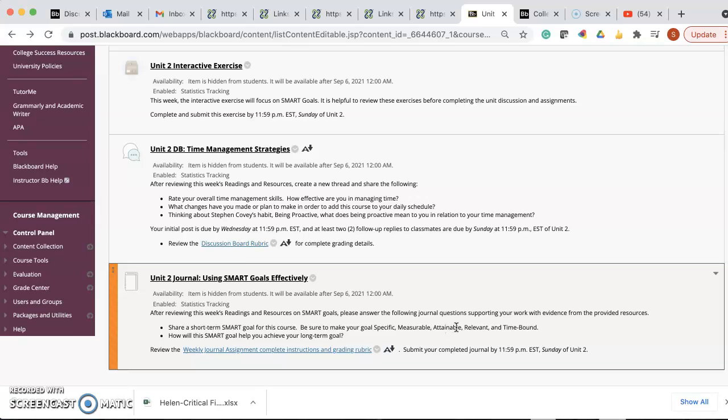So make sure it's attainable, make sure it's relevant to the class, and make sure it's time bound, meaning you give yourself a deadline for it. And then you're to answer the question, how will this SMART goal help you to achieve your long-term goal? I'm assuming for most of you, your long-term goal would be to finish your degree, move on into your career. So think about how this short-term SMART goal can help you reach that long-term goal.